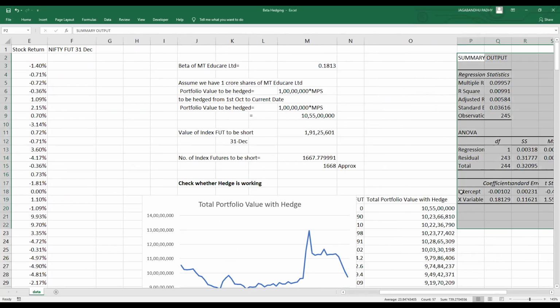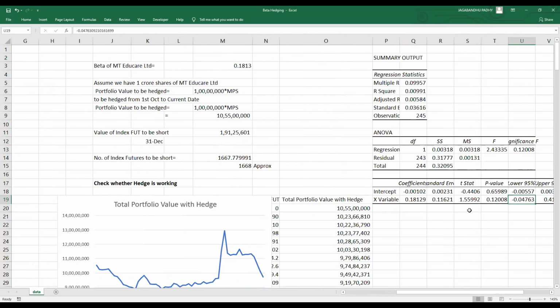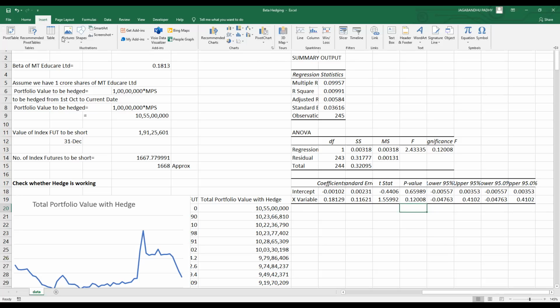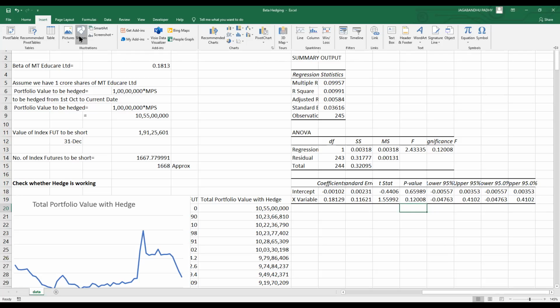That gives me this value. And if we observe the slope, we are getting this. And then P value is 0.12008. So you can observe that this P value of 0.12008 indicates that the coefficient is definitely statistically insignificant.